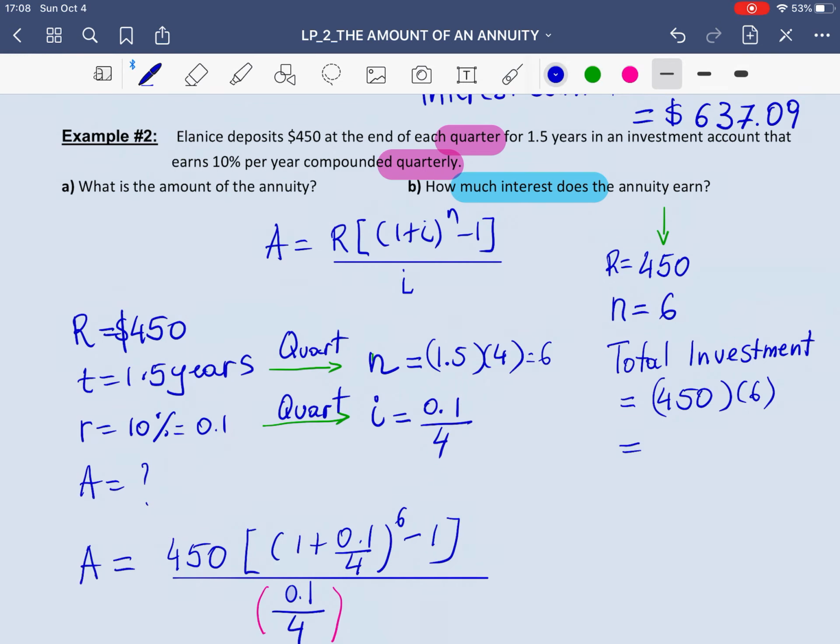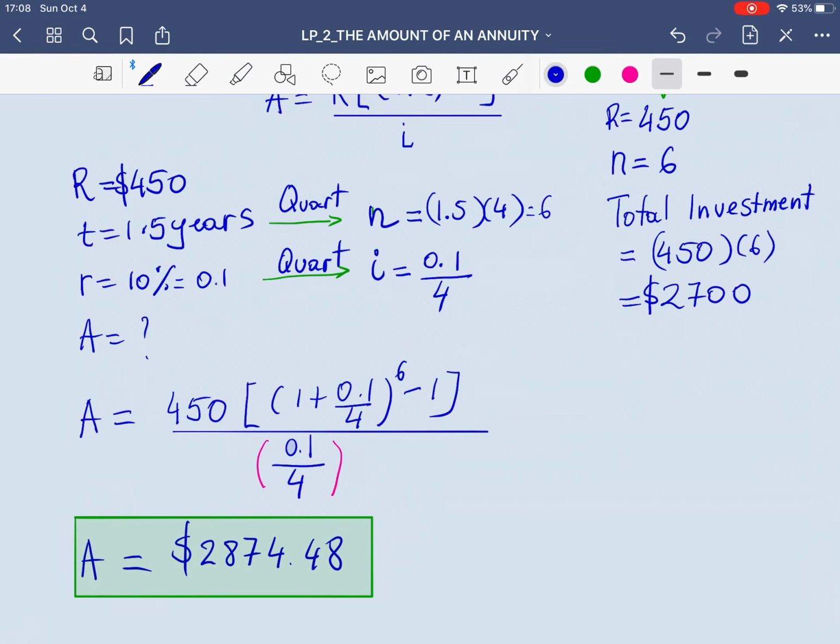So 6 times 450 is $2,700. That's how much money she invested. Now, at the end of her investment, she made $2,874. So when you compare these two numbers, you see that they are different. So the accumulated amount is greater. And it's supposed to be because we know that this investment that she made earned some interest, okay?